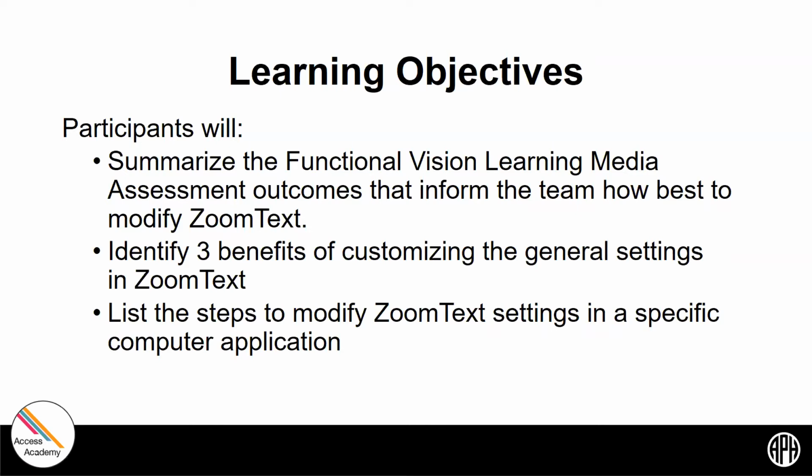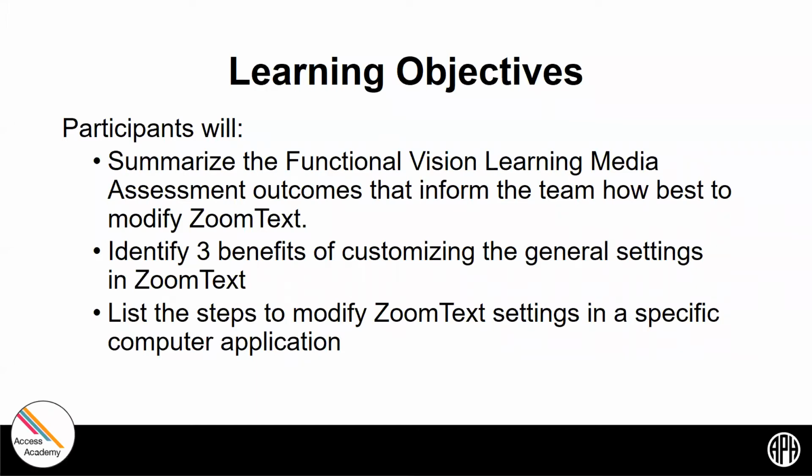You'll hear about what that assessment is, and we'll see how that can work with ZoomText and different student profiles. We'll talk about 3 benefits of customizing the general settings in ZoomText. We'll list the steps to modify ZoomText settings in a specific computer application. And to get us started, Justine is going to talk about that assessment.